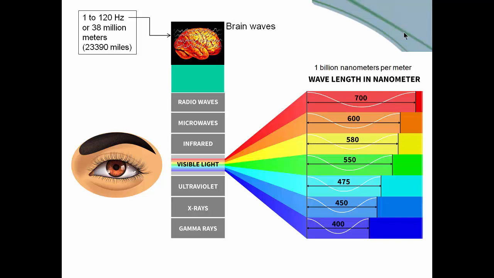So your basic garden variety alpha wave is about 10 hertz, and it has a wavelength of 38 million meters, or 23,390 miles.